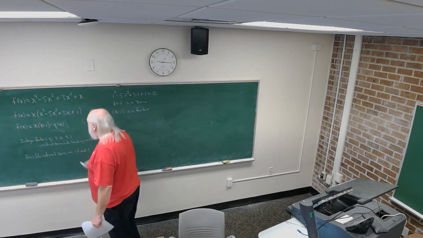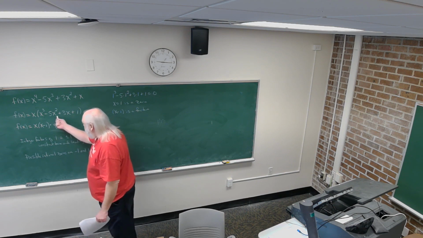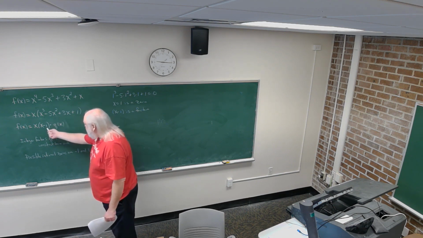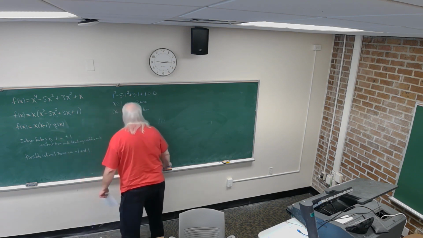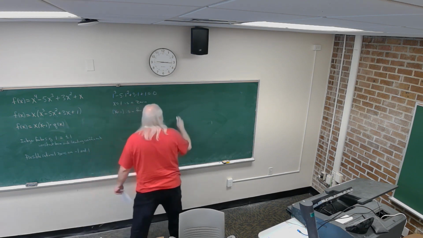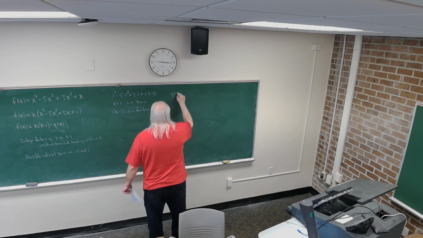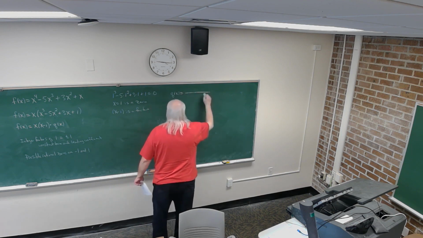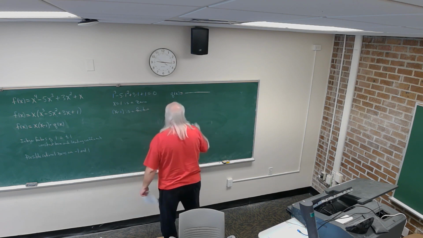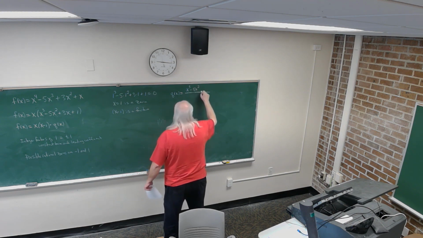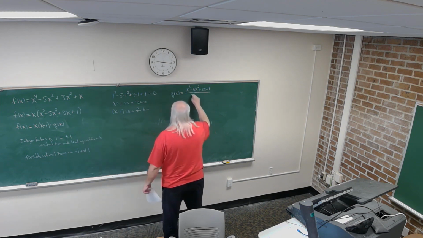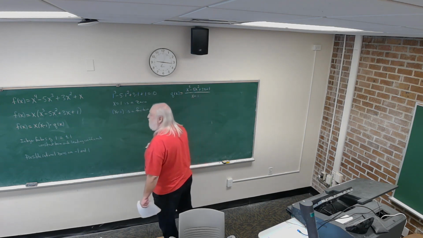So if we divide this third degree polynomial by x minus 1, we can get the unknown quadratic q of x. So q of x is equal to the third degree polynomial divided by the factor x minus 1.